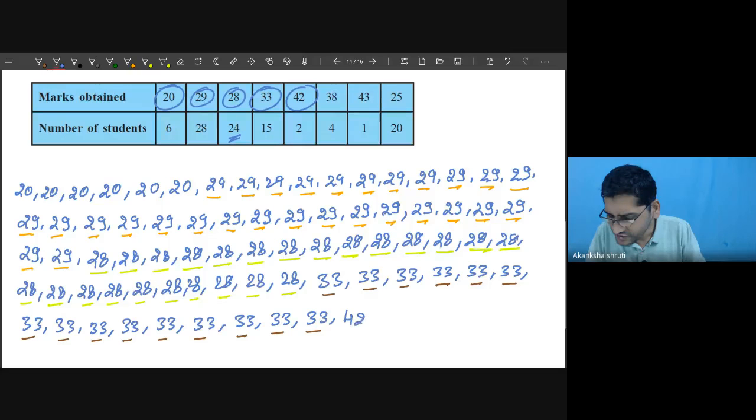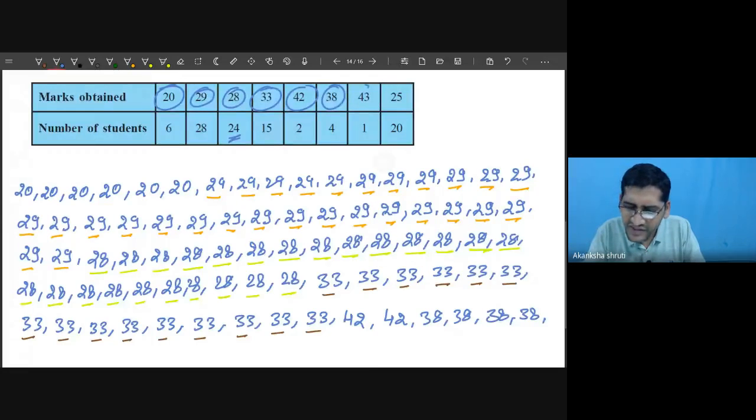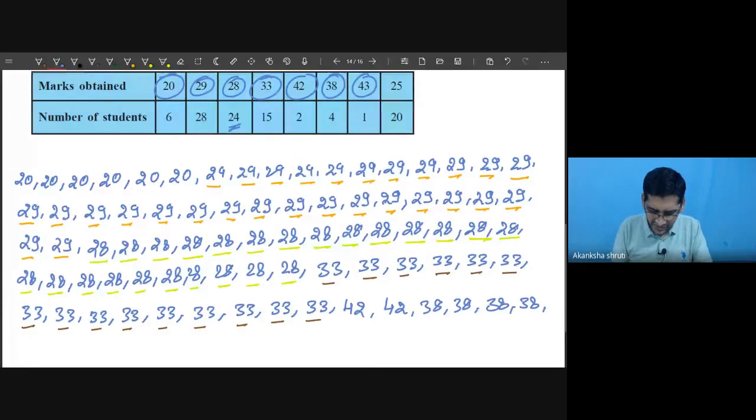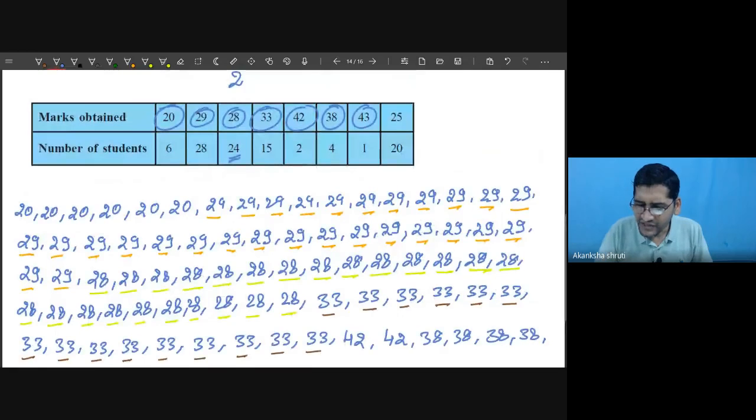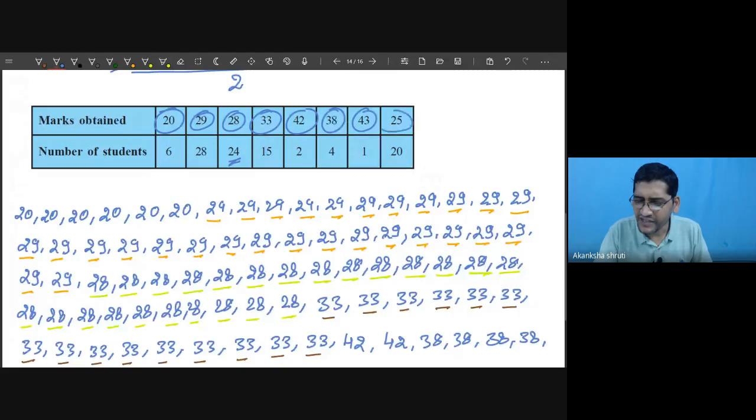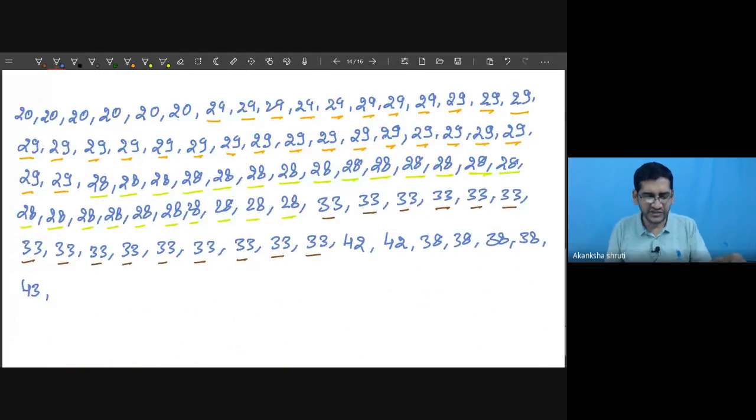So write 42, 42, 2 times is over. 38 is the 4 times. 38, 38, 38, 38, 4 times is over. Then 43 has only 1 time. Then go for 25, which is 20 times. Okay, right.